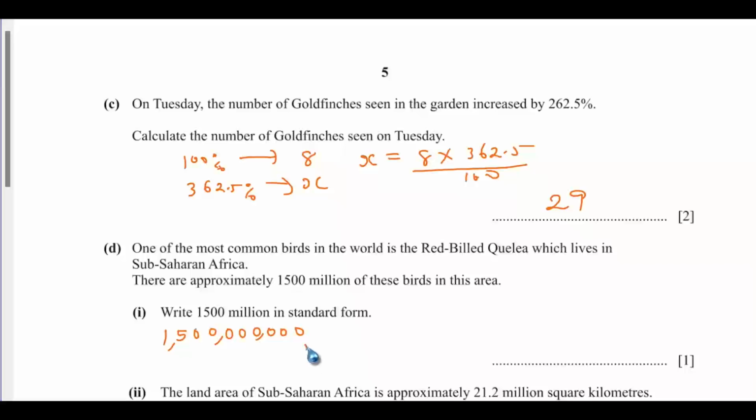In standard form it will be 1.5 times 10 to the power of what? So 1, 2, 3, 4, 5, 6, 7, 8, 9. You can check my YouTube channel. I have a video on how to write a number in standard form. So this will be 1.5 times 10 to the power of 9.